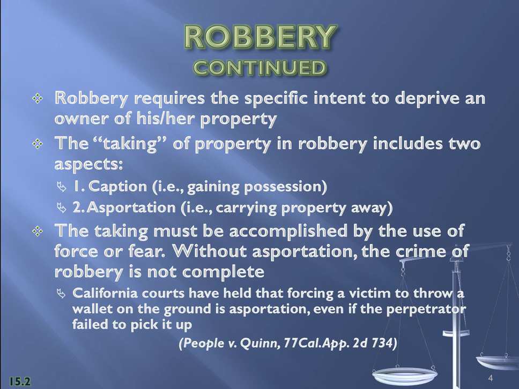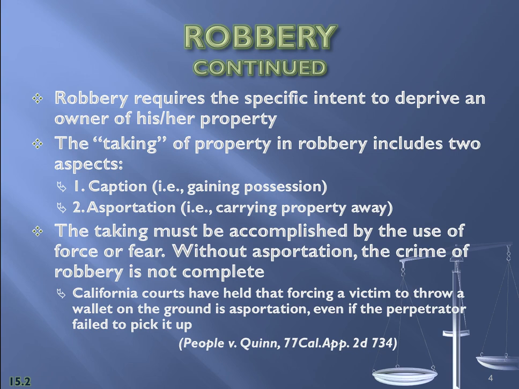So let's come back now and rehash a couple of things and get more into it. Robbery requires the specific intent to deprive an owner of his or her property. Now, the taking of property in robbery includes two things.